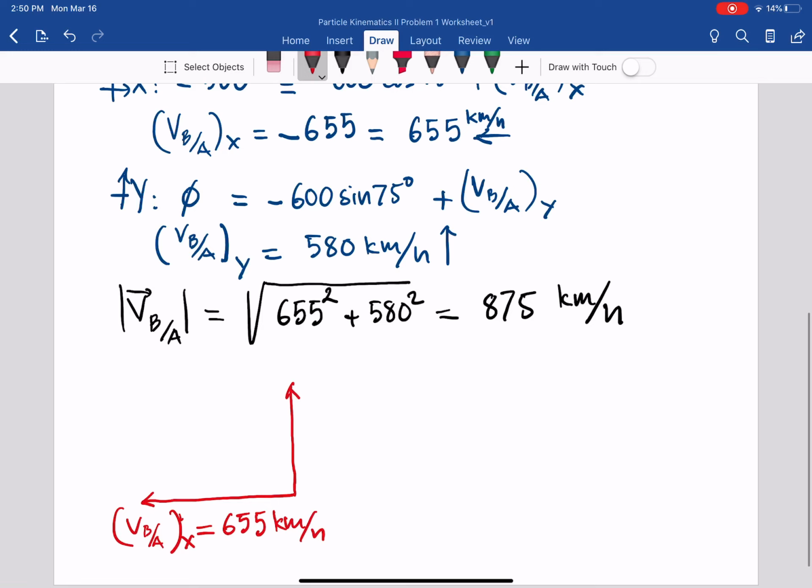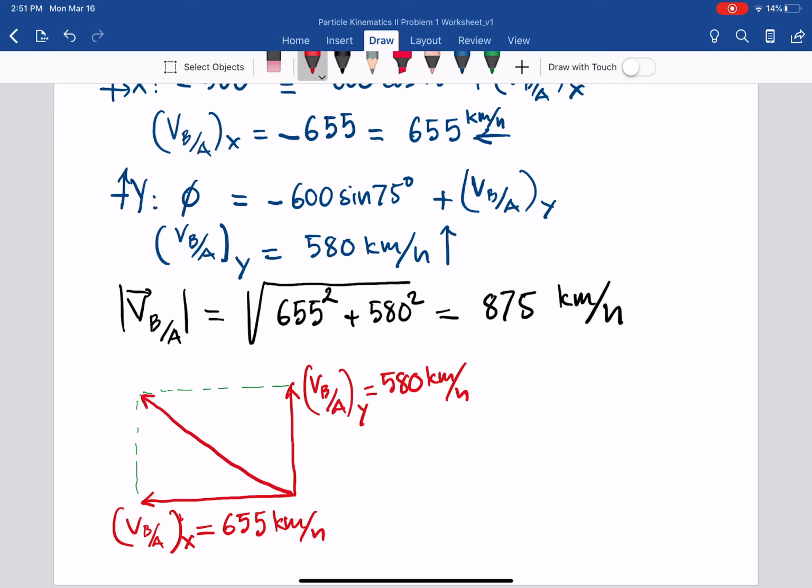So VB relative to A in the y direction is 580 kilometers per hour going up. So for the resultant velocity of plane B relative to A, you use the parallelogram. The diagonal line of this rectangle should be the velocity vector of plane B relative to A.